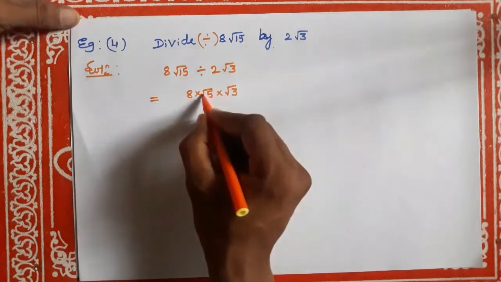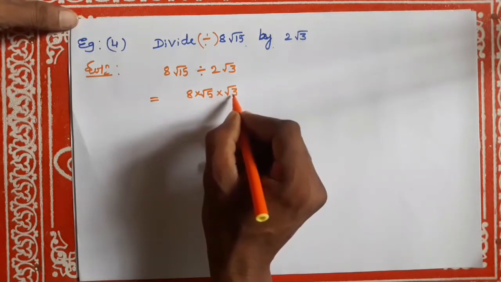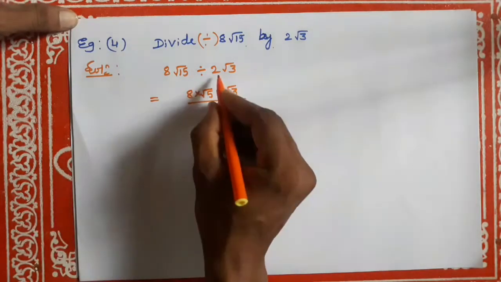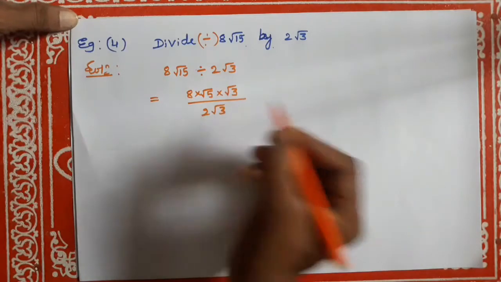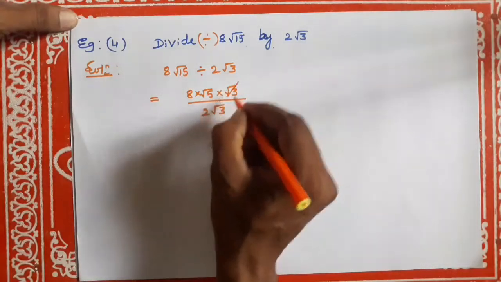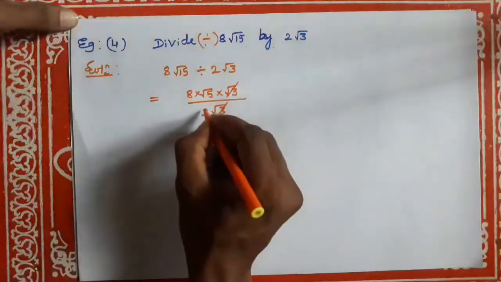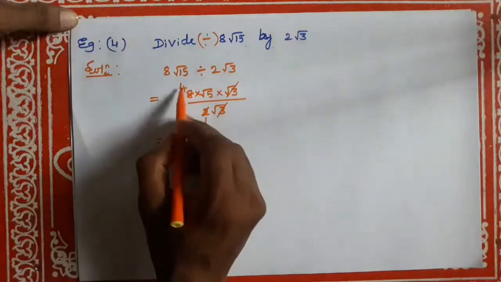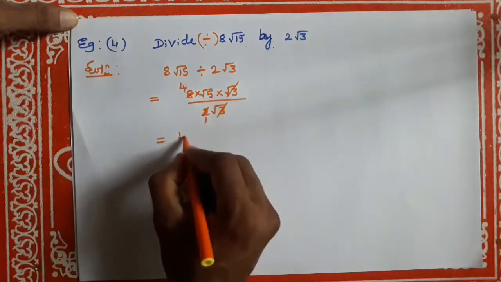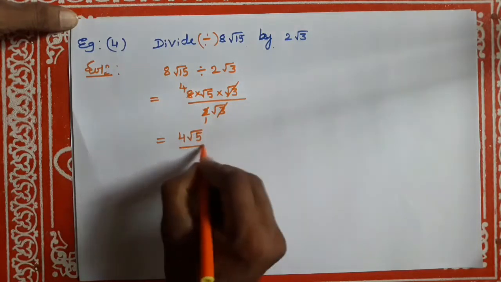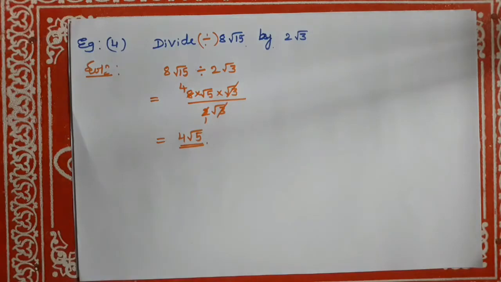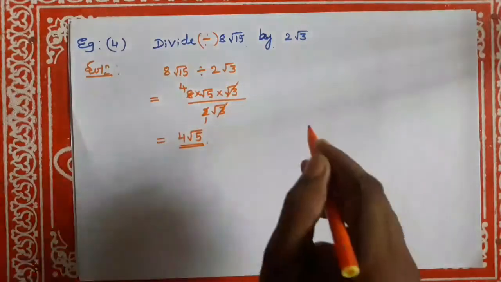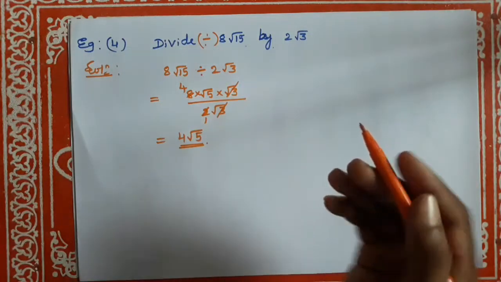If the order is the same, you can multiply the 5 and 3. So 8 root 5 into 3 divided by 2 root 3. Here root 3 gets cancelled. 2 fours are 8, so the remaining is 4 into root 5. That is 4 root 5, the answer. Dear students, those examples may lead you to expect the following facts, which are true.